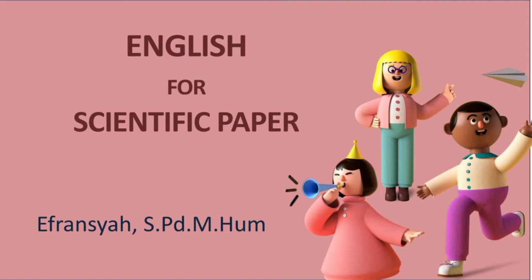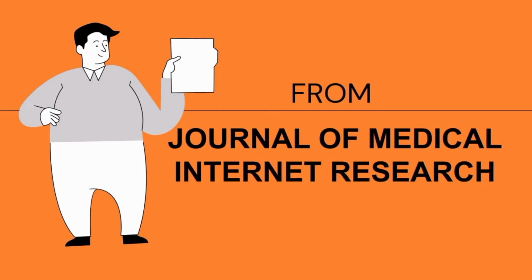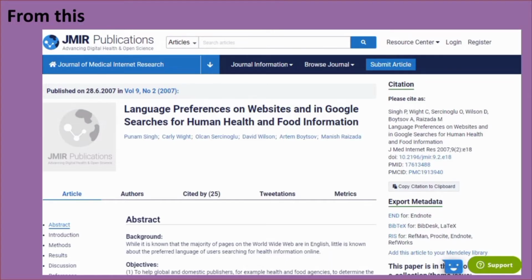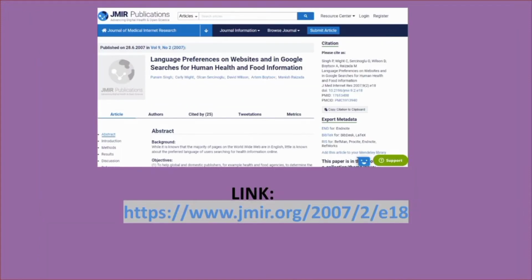I've taken a journal from the Journal of Medical Internet Research. The title is Language Preferences on Websites and in Google Searches for Human Health and Food Information. Here I show you where the journal came from, and where the link is from.